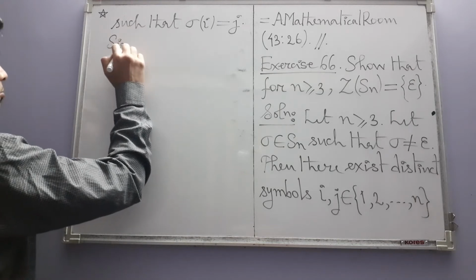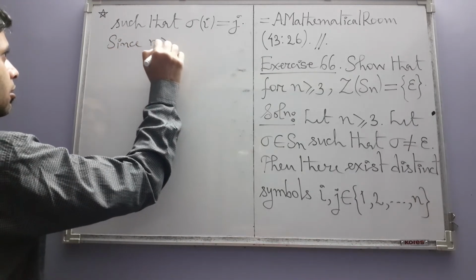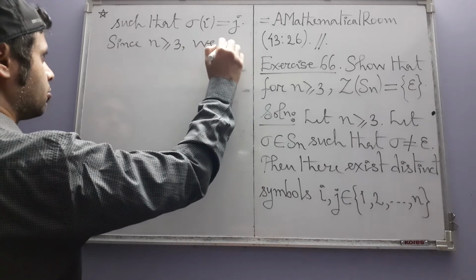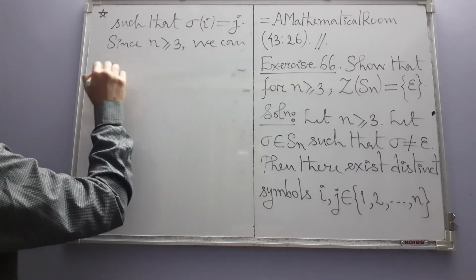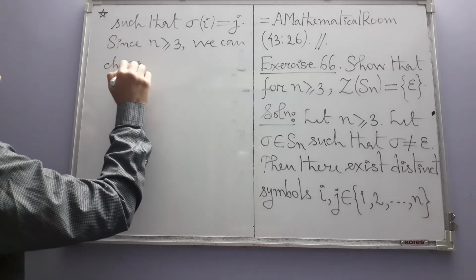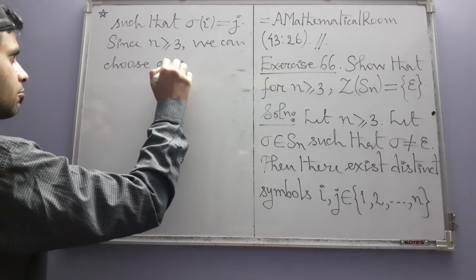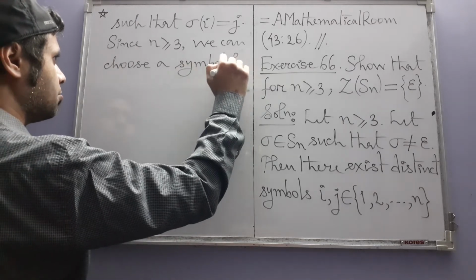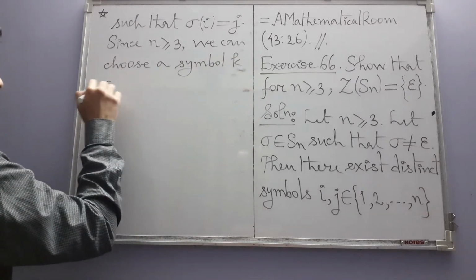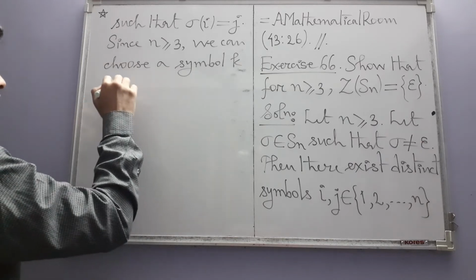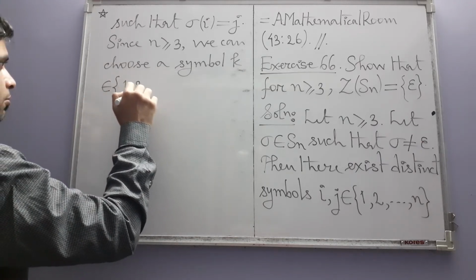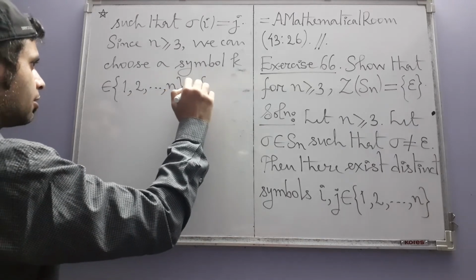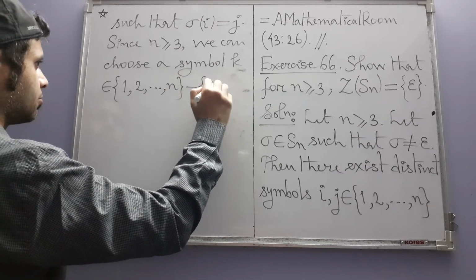Since n is greater than or equal to 3, we can further choose a symbol k in this set that is neither i nor j.